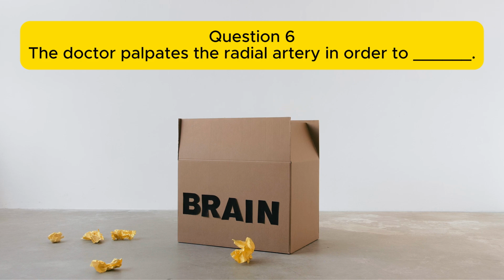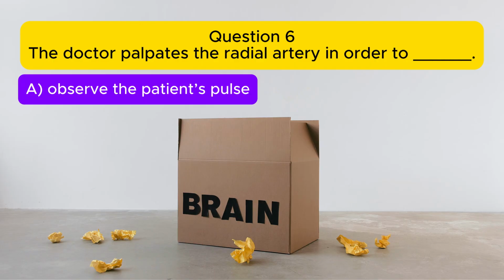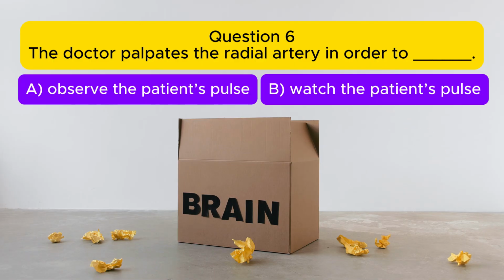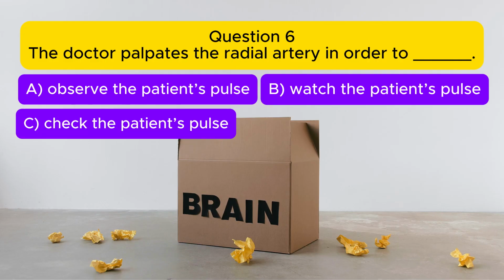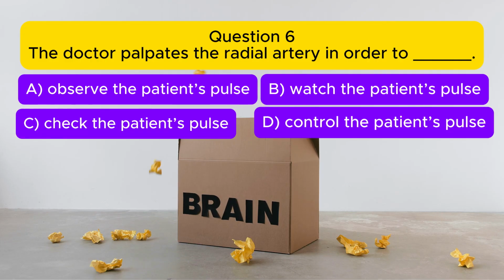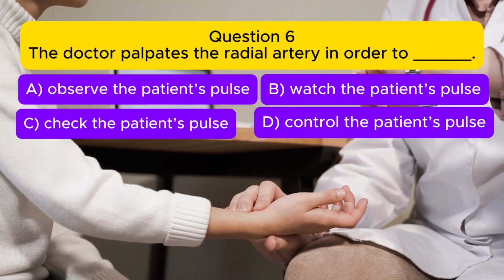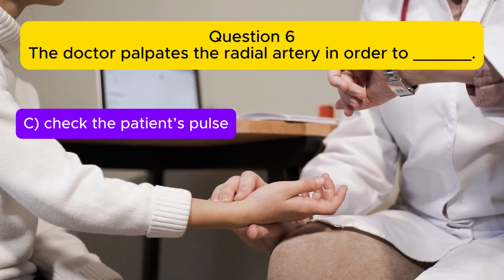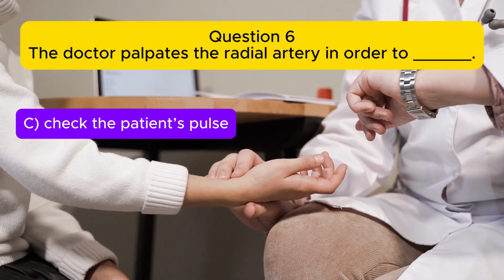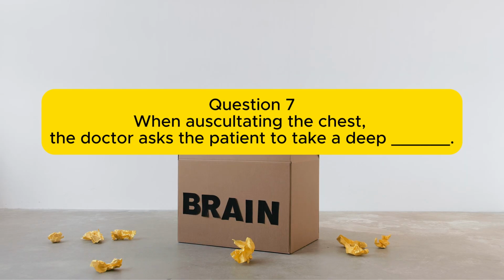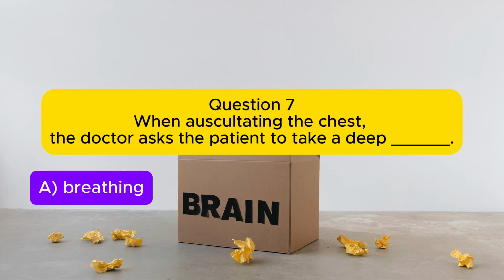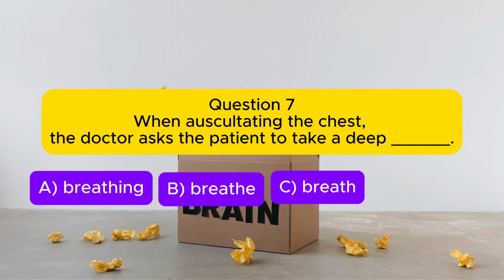Question 6. The doctor palpates the radial artery in order to: observe the patient's pulse, watch the patient's pulse, check the patient's pulse, control the patient's pulse. Correct answer, C. Check. Repeat, check the pulse. Question 7. While auscultating the chest, the doctor asks the patient to take a deep: breathing, breathe, breath, air.